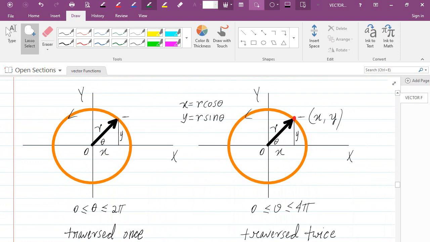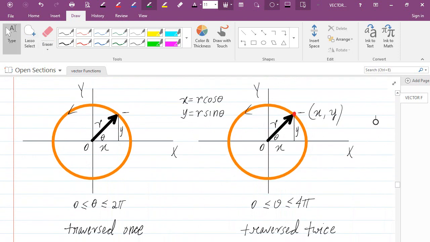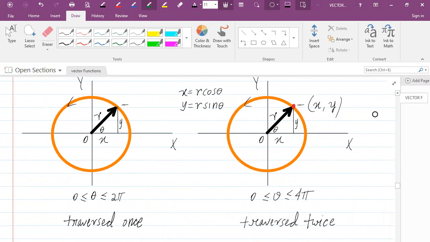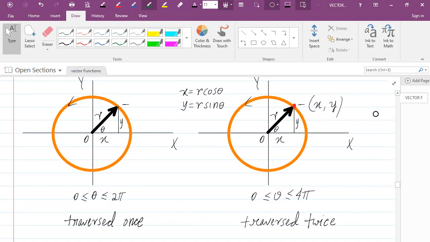Okay, let's compare these two parametrizations. I have the same circles here. For the first circle, we are taking x to be r cosine theta and y to be r sine theta, where theta is as labeled. Now instead of using t, I'm using theta.